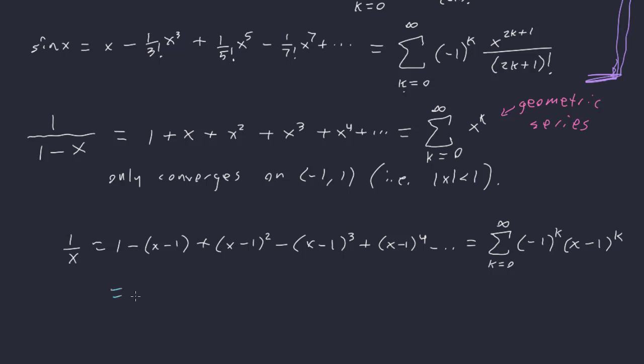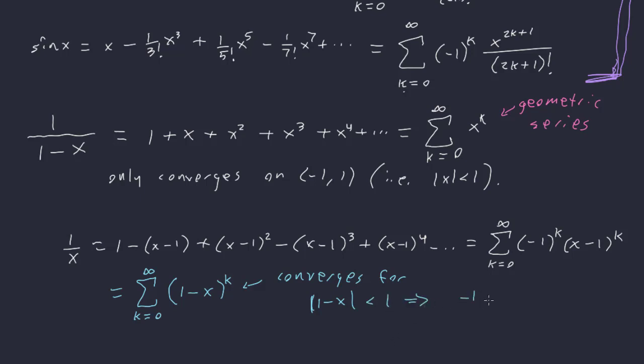So if I were to adjust this, say these are both raised to the k, this would be the series k goes from 0 to infinity of, when I bring that -1 on the inside, 1 minus x raised to the k. So this will converge for the absolute value of 1 minus x strictly less than 1.